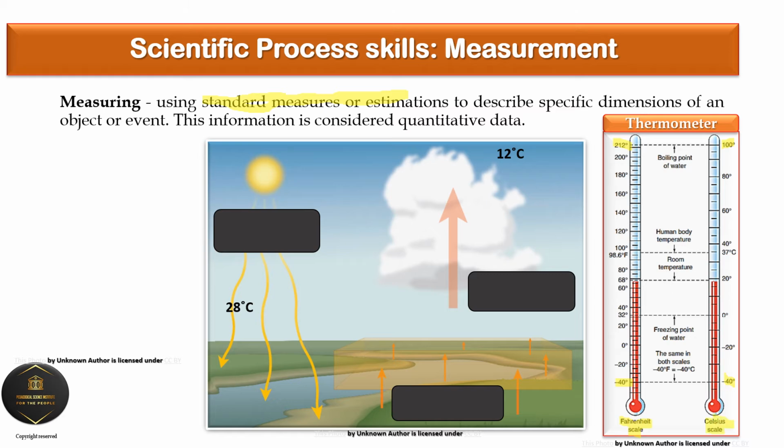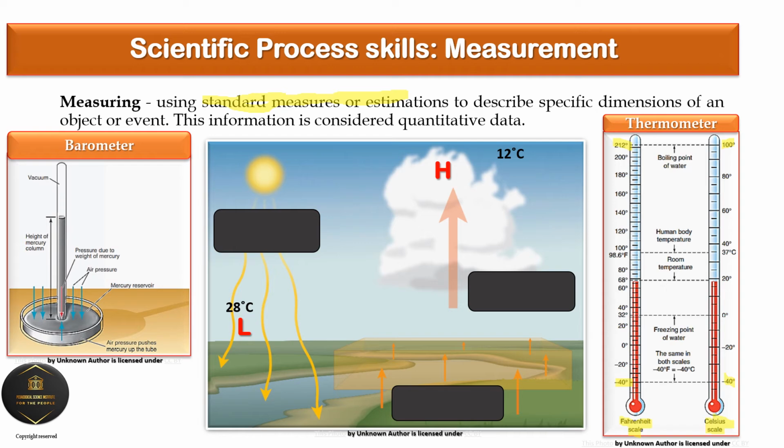So in your examination, they'll always ask you to represent temperature in Celsius or in centigrade. So a synonym for Celsius is centigrade. So when I use the two words, don't be confused. I still mean the same thing. Centigrade and Celsius mean the same thing.